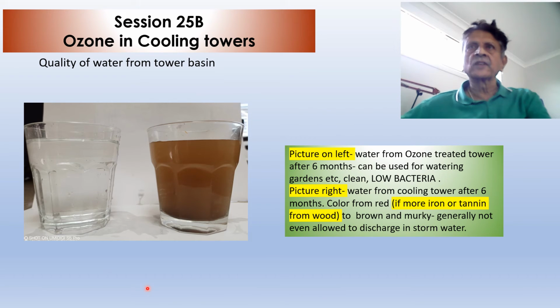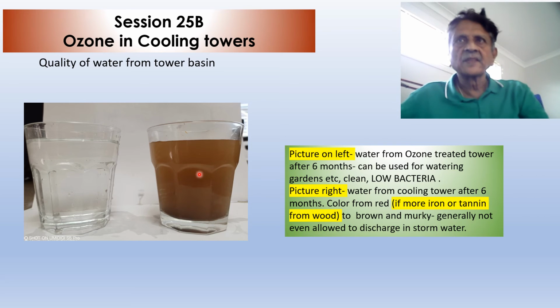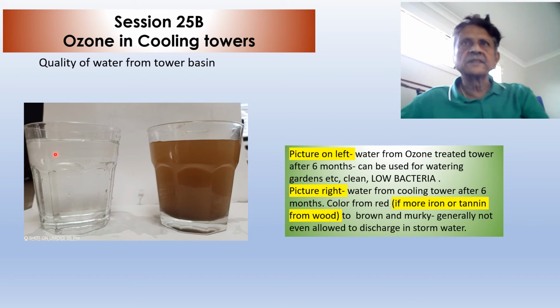This photograph shows a typical difference between the quality of water in the ozone treated tower as against that in the chemical treated tower. If you use ozone to treat your towers, you will get water of this clarity and quality.